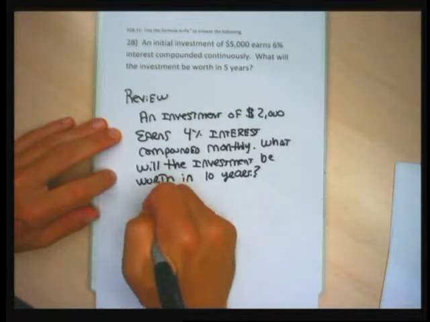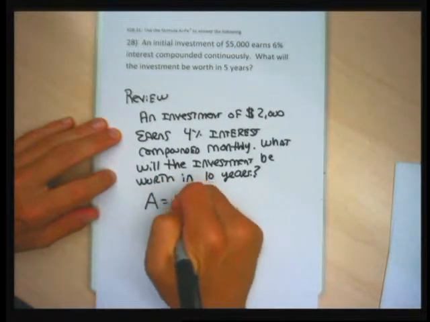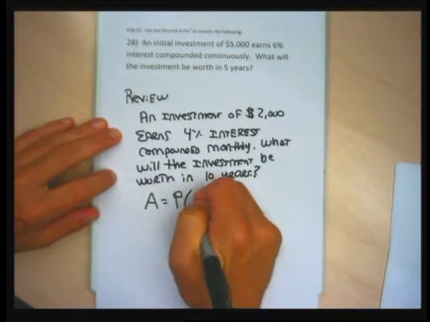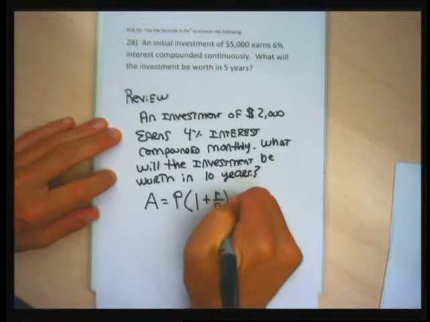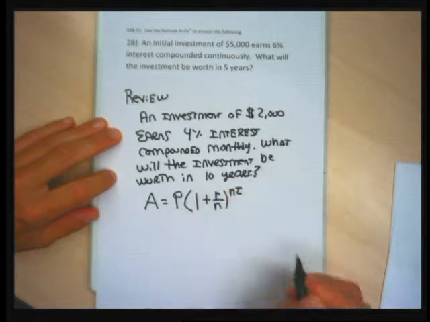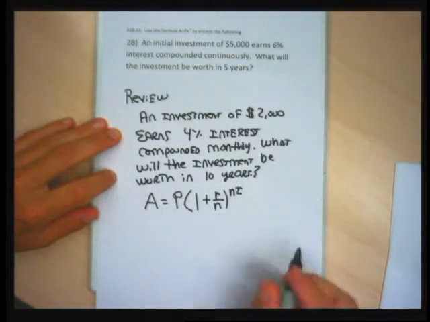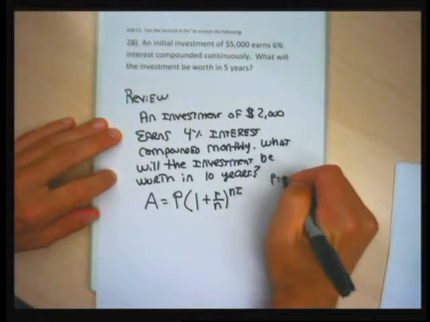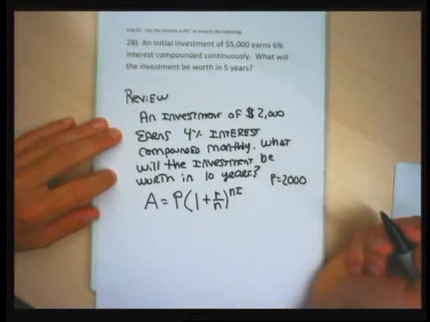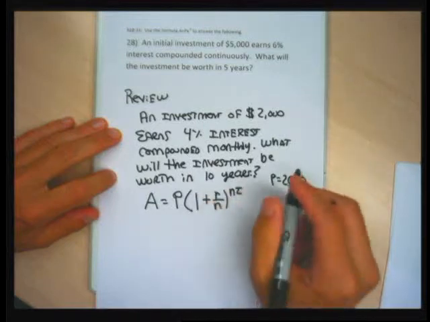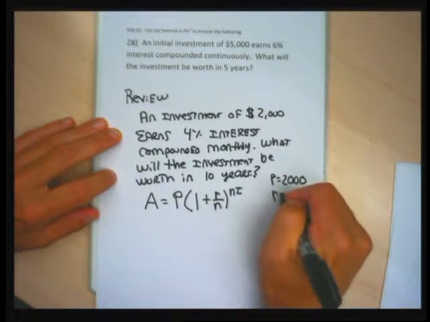The formula that we used a few sections ago is A equals P times 1 plus R over N to the NT power. The P was the starting amount of money. In this case, it's going to be $2,000. The R in the formula was the interest rate as a decimal.